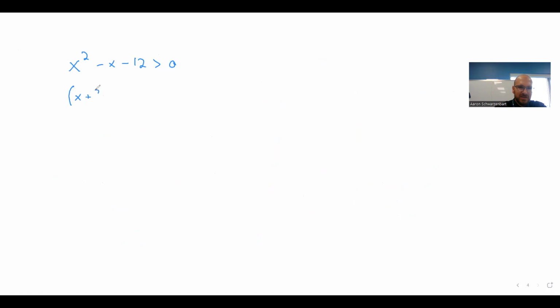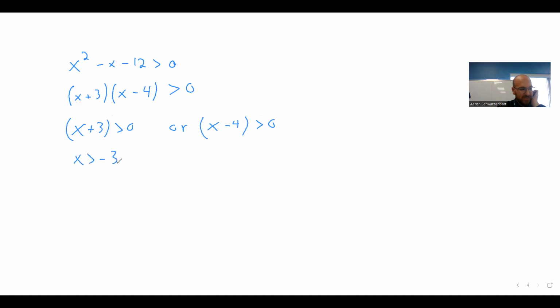Multiplies to 12, adds to -1, 4 and 3. Normally there's 2 solutions, where it equals 0.